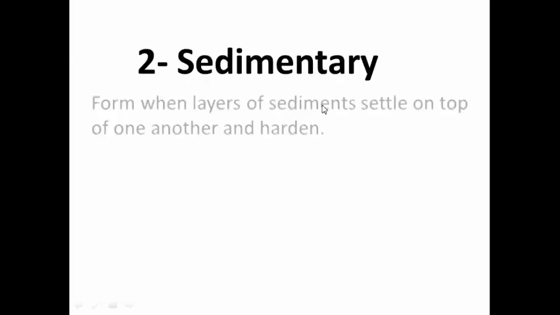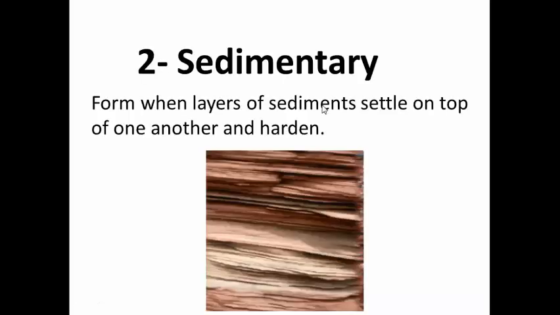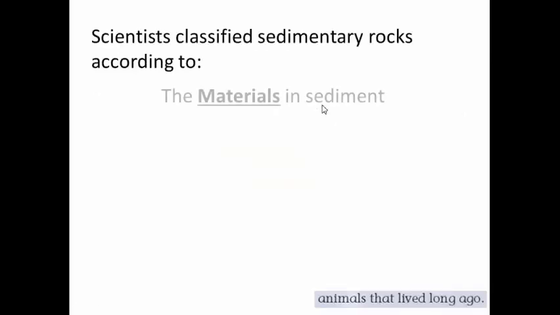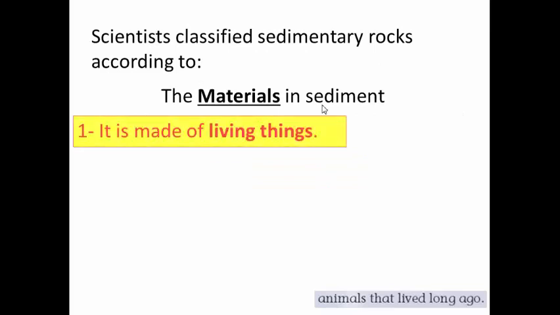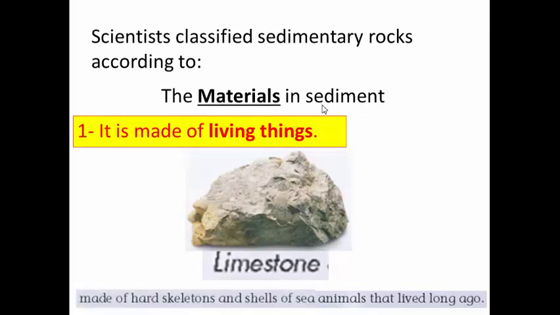So after that, we mentioned sedimentary rocks. As you know, sedimentary rock is made of sediment. And we learned today that scientists classified it into three types, according to the materials. The first type is made of living things, like limestone.